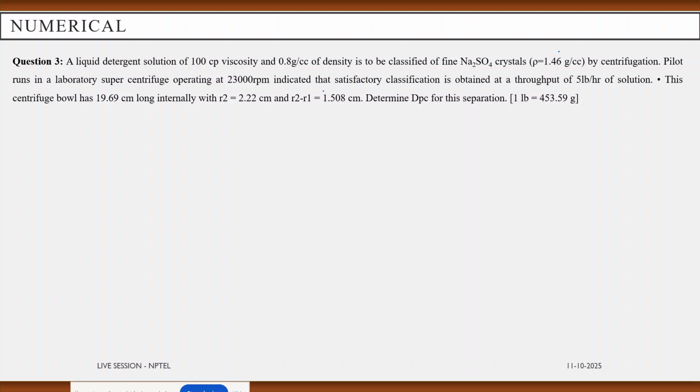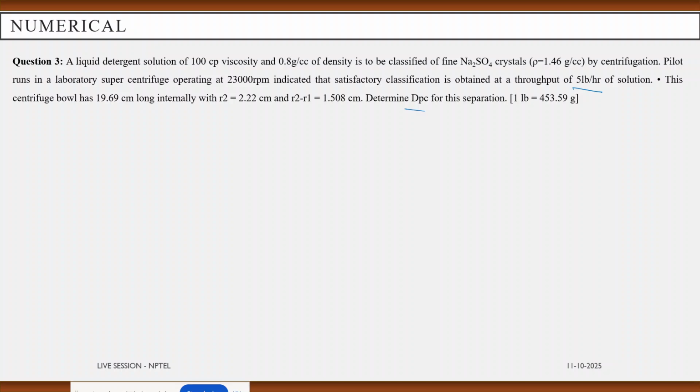This pilot runs in a laboratory super centrifuge operating at a certain RPM at a throughput of 5 pounds per hour. The centrifuge bowl is this much long internally with R2 equals to this and R1 this. So you have to calculate the cut diameter for that.